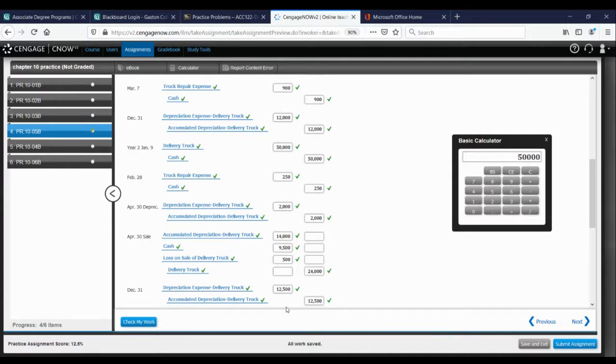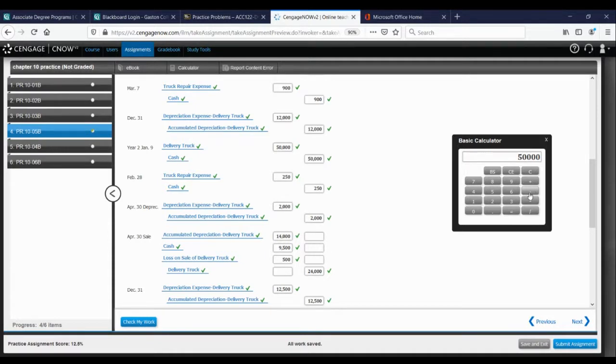The depreciation was $12,500. Subtract $12,500 from the $50,000 to get the book value of the asset at the end of year 2. It would be the first year that this is fully depreciated.